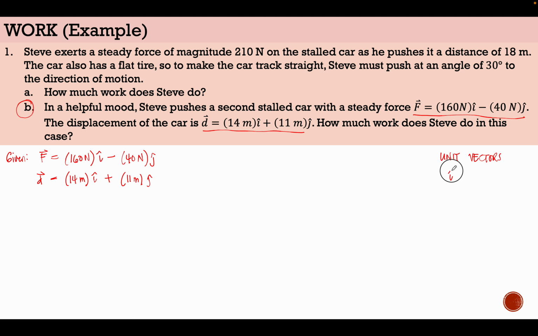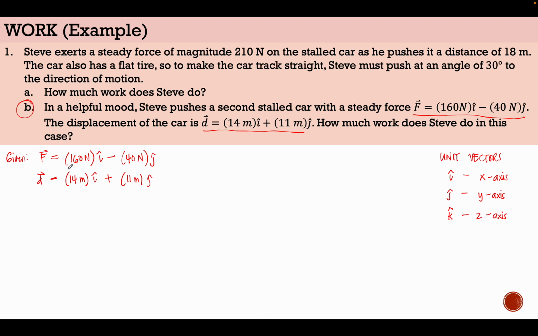In this case, i hat is the unit vector assigned for the x-axis, and j hat is the unit vector assigned for the y-axis. If we have a z-axis, or if we are dealing with three-dimensional vectors, we have k hat for the z-axis.